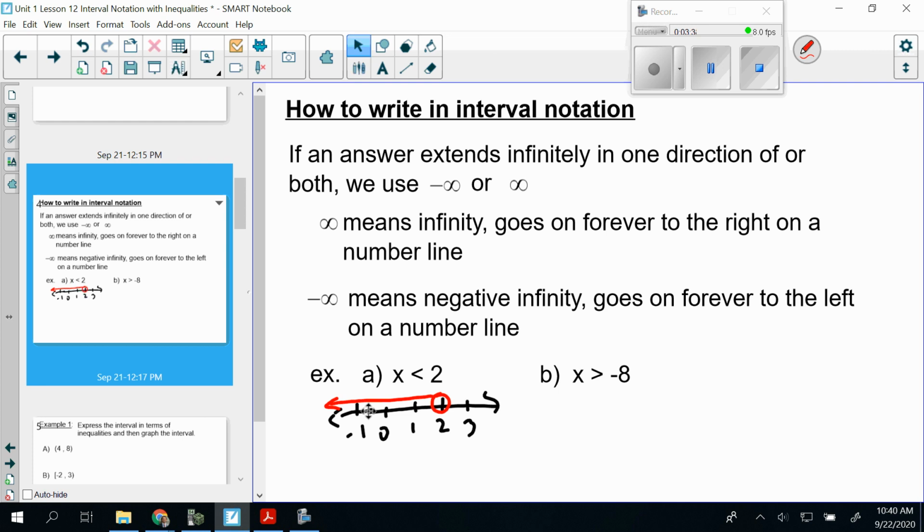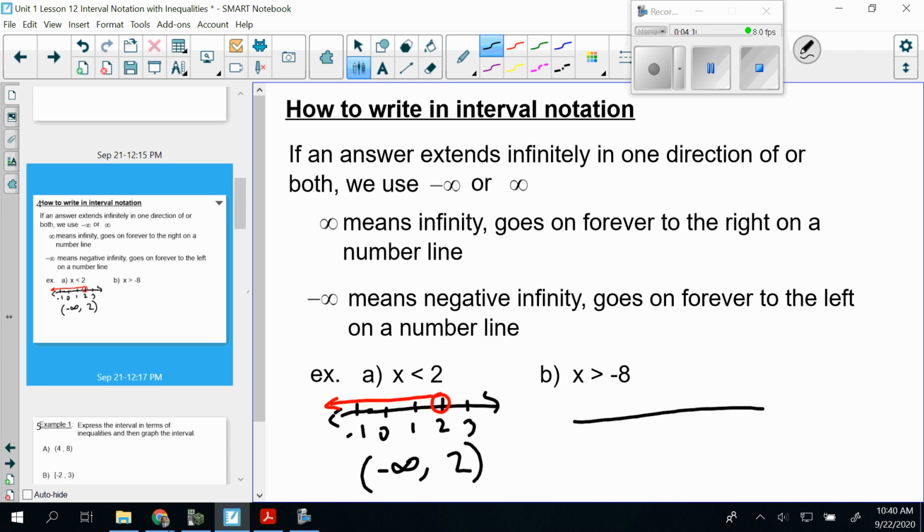In boundary notation or interval notation, we would write this with 2 being the biggest thing. -infinity is the smaller thing here because it's going to the left. Again, put our comma in between. We're not counting 2, so we'd use a parenthesis. And with infinity and -infinity, we always use parentheses here. So it would be like this, since it's not a closed number.